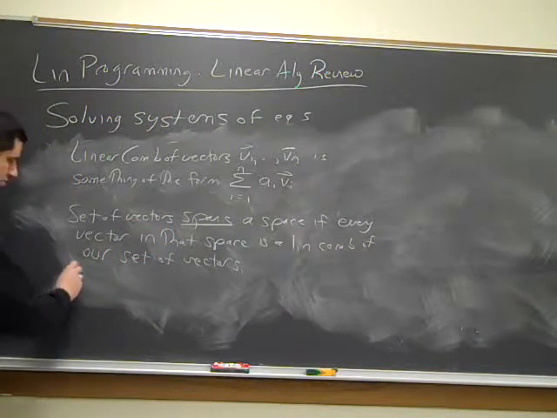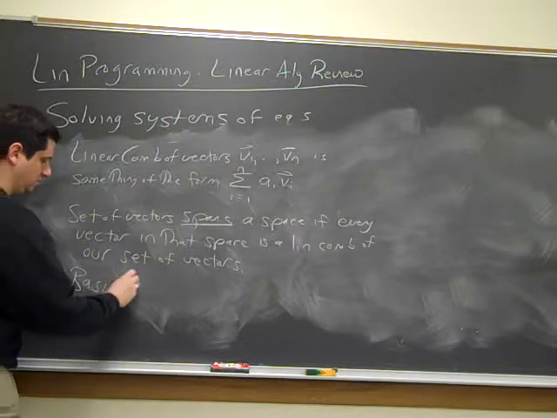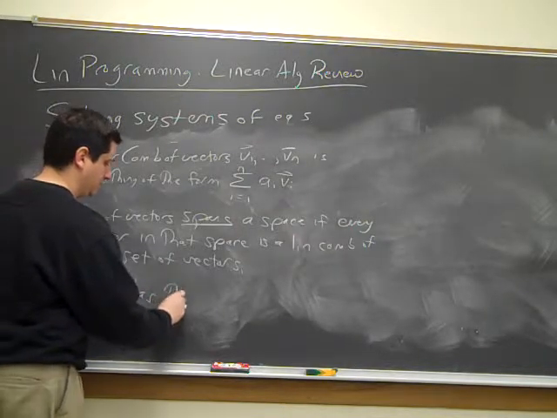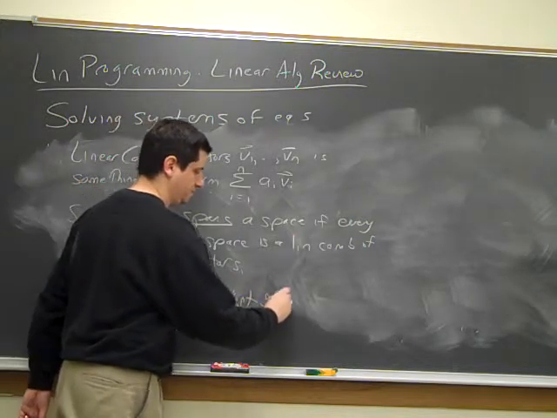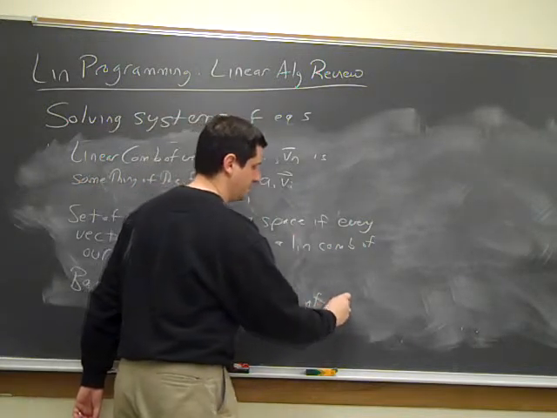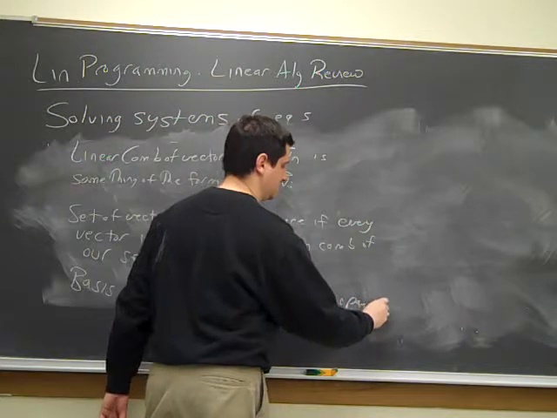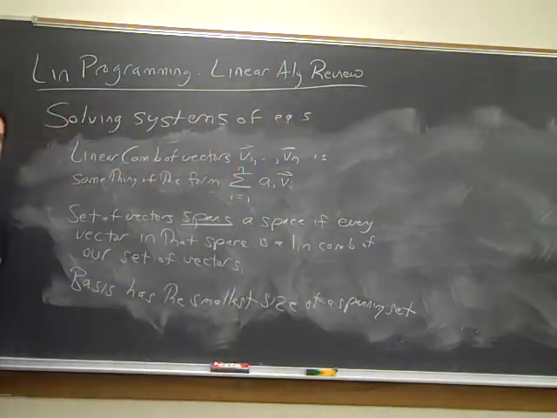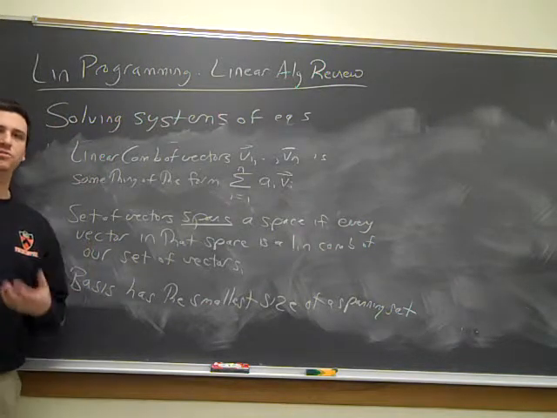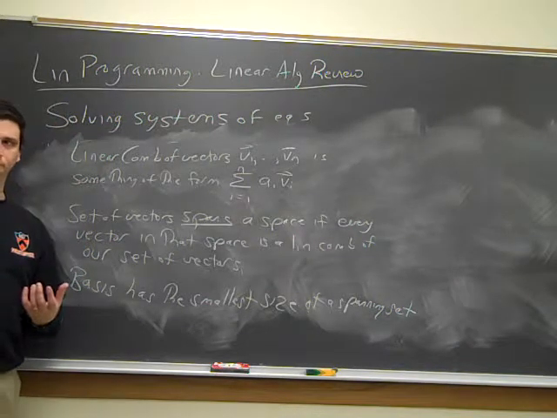A basis has the smallest size of a spanning set. So I'm being a little informal in the definition here. You have some space, maybe it's R2, maybe it's R3, maybe it's R4.